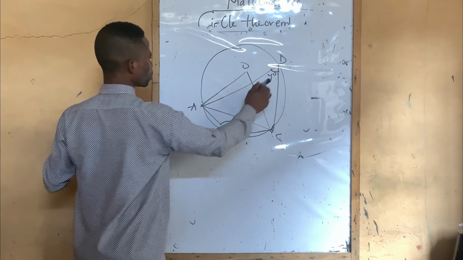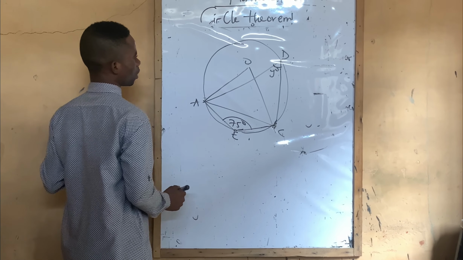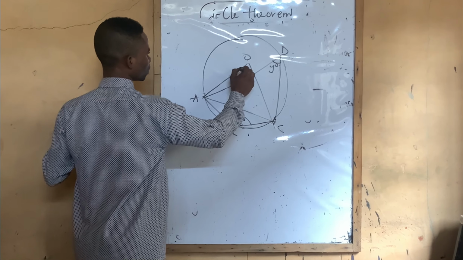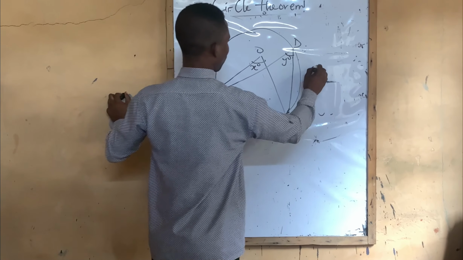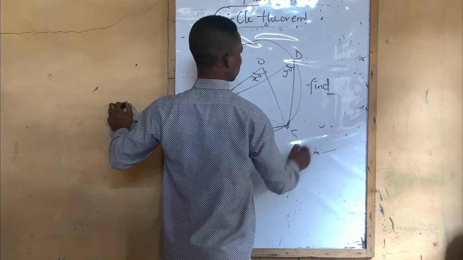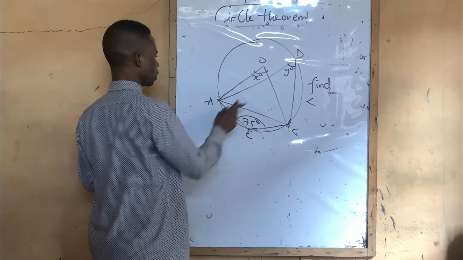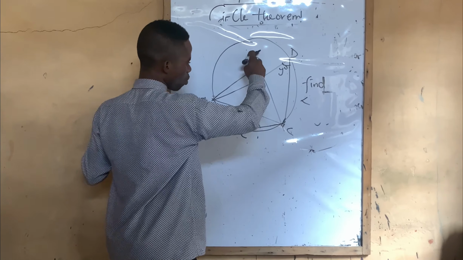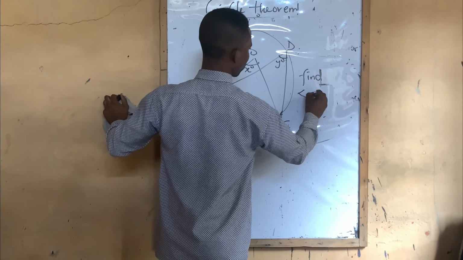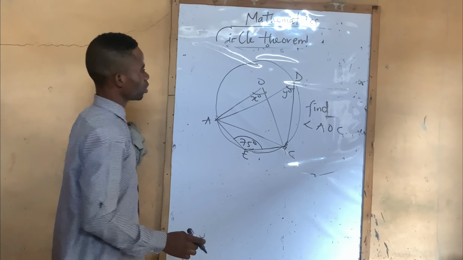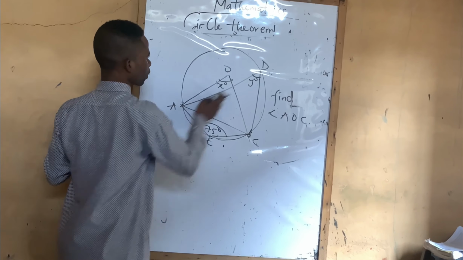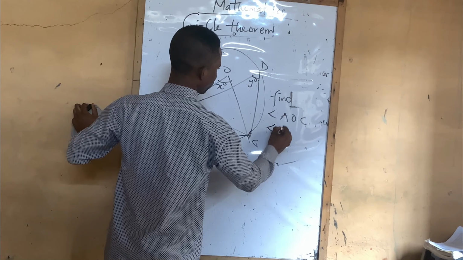Now they put y here, and they put x here. You now ask me to find angle, you know this one. If I want to label angle AOC, angle AOC, the angle is always the one in the middle. And they ask me to find angle ADC. Angle ADC.